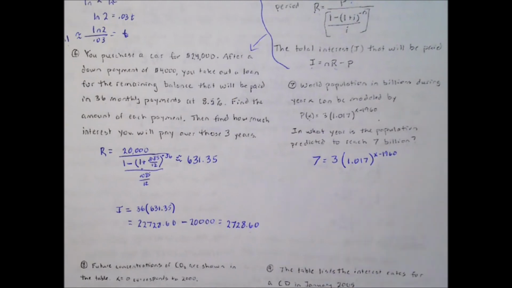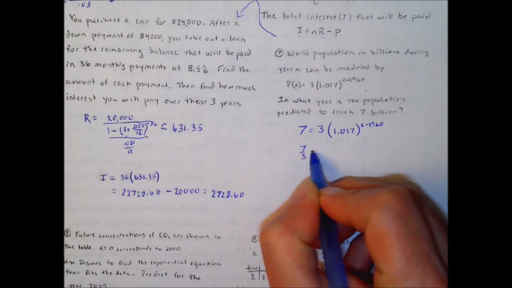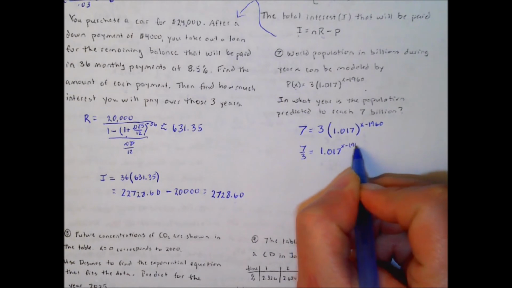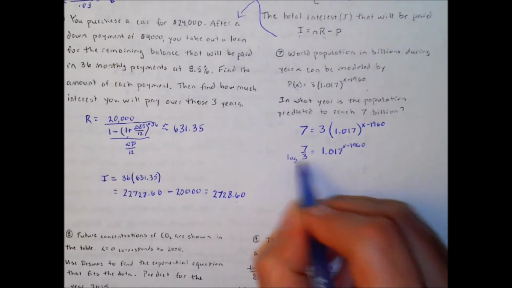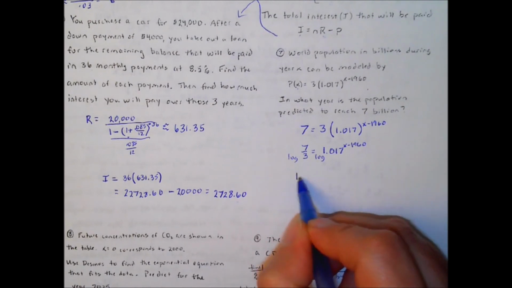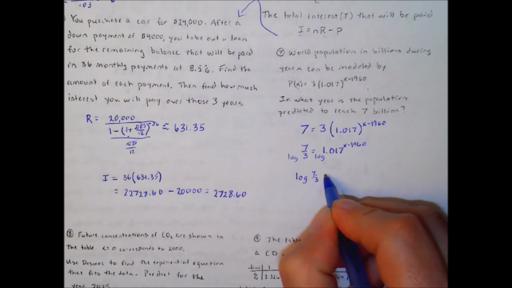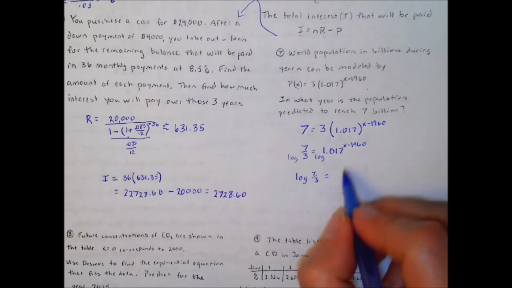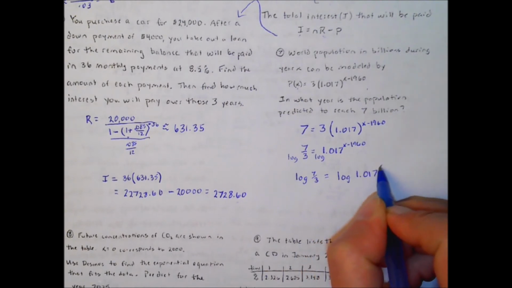Okay, so to solve this, I would first divide by the 3. And we can take the log of both sides. So we have log of 7/3 equals the log of 1.017 raised to the x minus 1960.